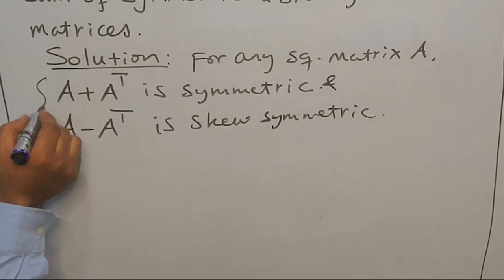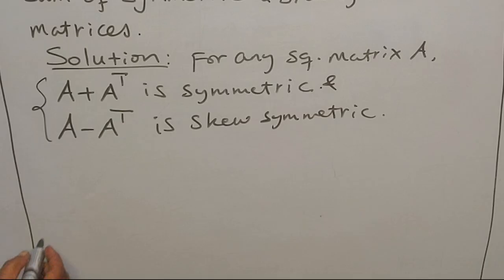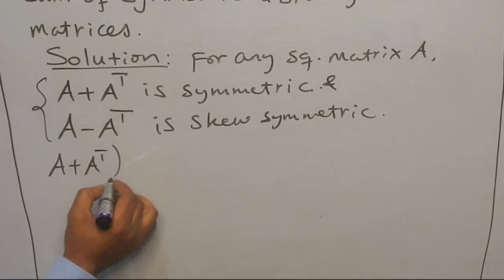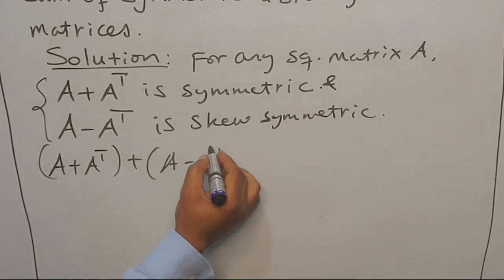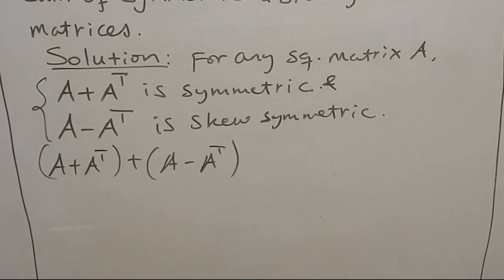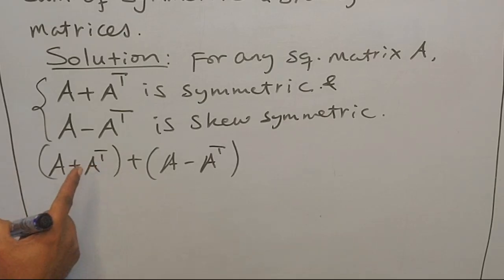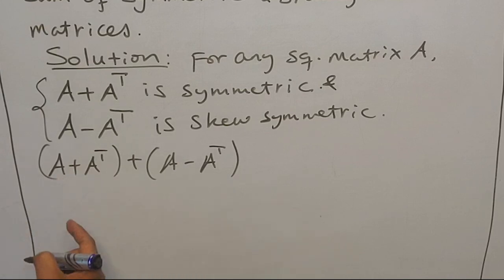Now what will be the sum of these two matrices, the symmetric and the skew symmetric? So A plus A transpose plus A minus A transpose. From the property of matrices, addition is associative and commutative.